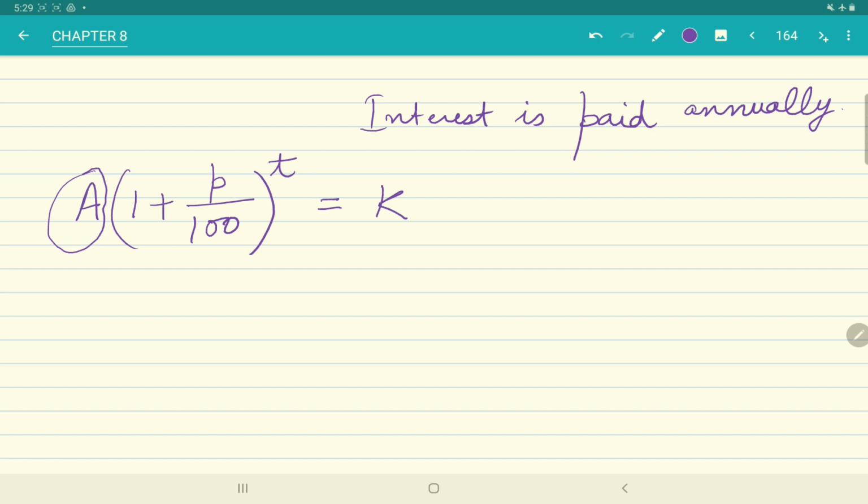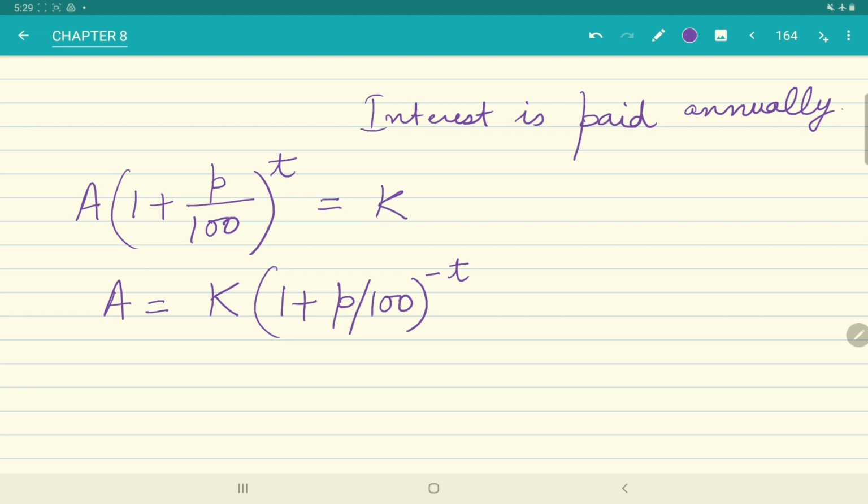This is the present value. So this A is equal to K multiplied by 1 plus P by 100 raised to the power minus T, or I can write K times 1 plus R raised to the power minus T. And here again R is equal to P by 100.